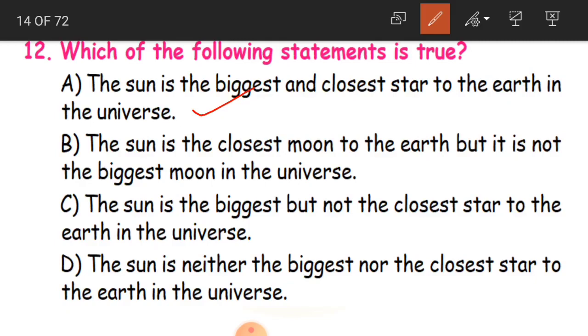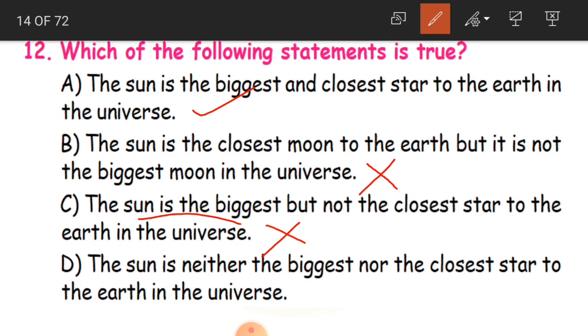Second one, the sun is the closest moon to the earth, but it is not the biggest moon in the universe. So wrong, because first of all, the sun is not a moon. It is a star. And C option, the sun is the biggest but not the closest star to the earth in the universe. This is also wrong because earth stands in third place.